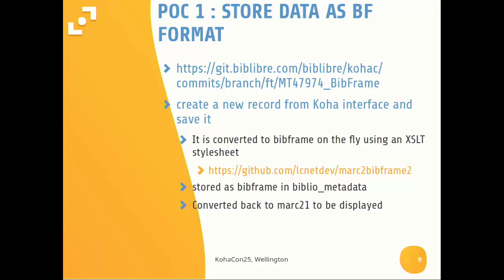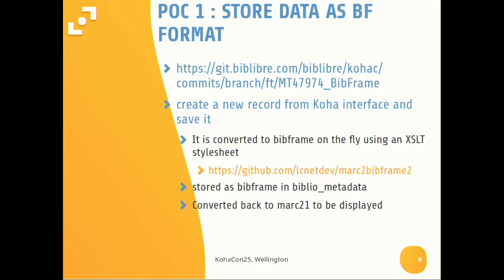The thing is that with this development you cannot see much of what it does because it's all internal, but if you install it and you want to play with it, you could create your own records and see how they are rendered as Bibframe. Also, it converts back to MARC 21, so you can edit the record back.